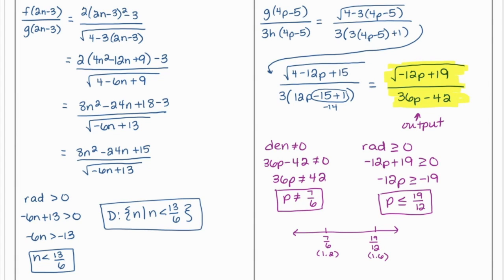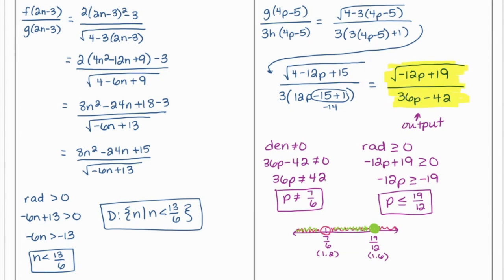So I put them on my number line, getting myself ready, starting to fill it in. So the first piece is that p cannot equal 7/6, but it can be every single thing else. And the radical piece said p has to be less than or equal to 19/12. So we have 19/12, including, and all of these numbers that are less than.